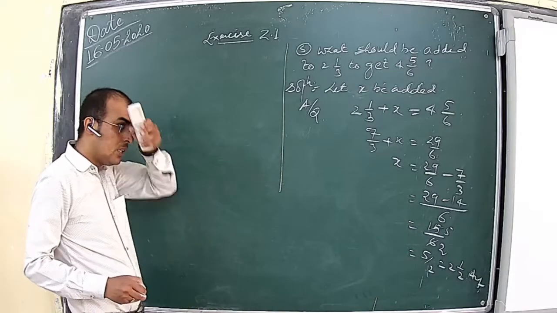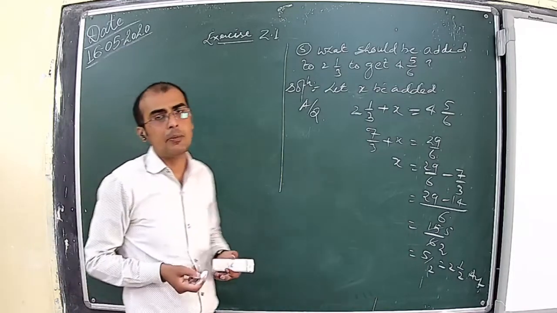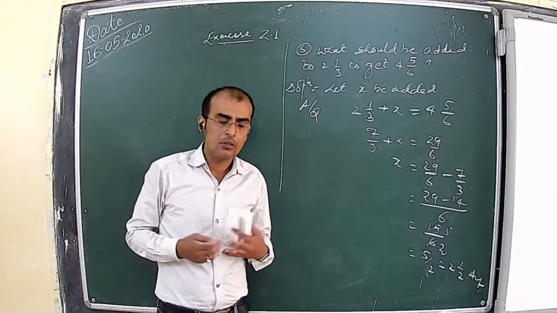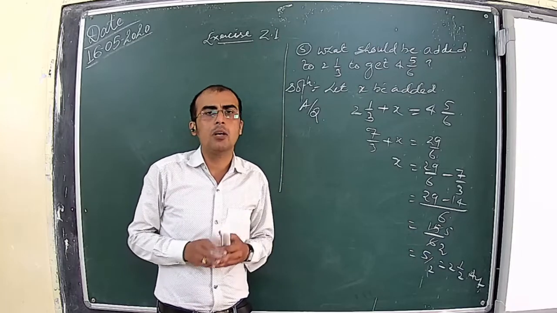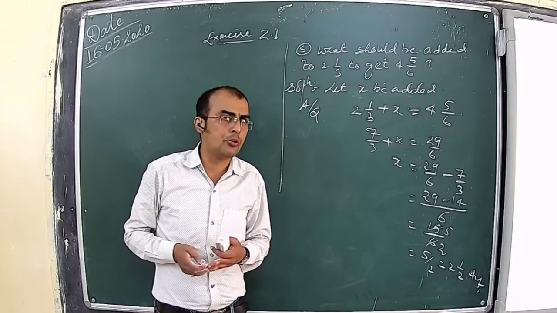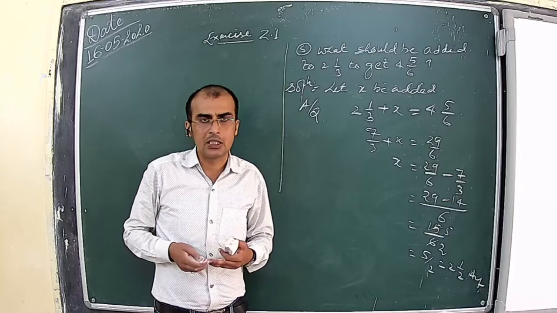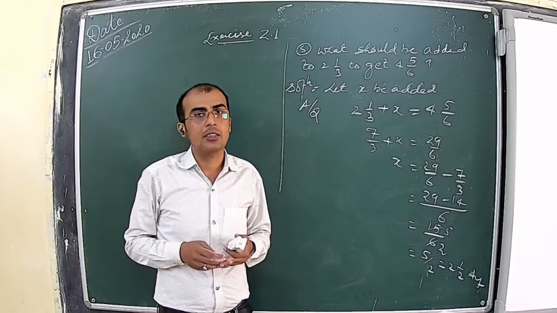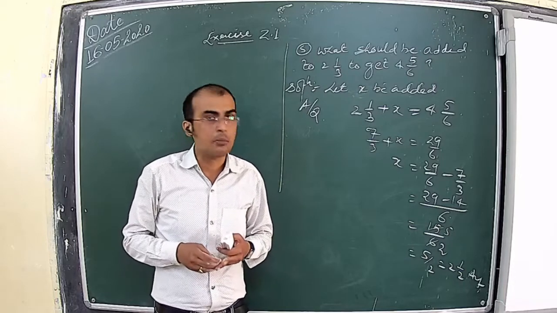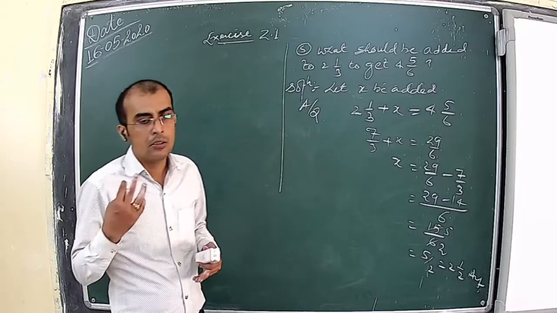What is the perimeter? The measurement of the boundary of a geometrical figure is said to be the perimeter. If you can measure the boundary of any figure, the length of that boundary, its measurement is said to be the perimeter.